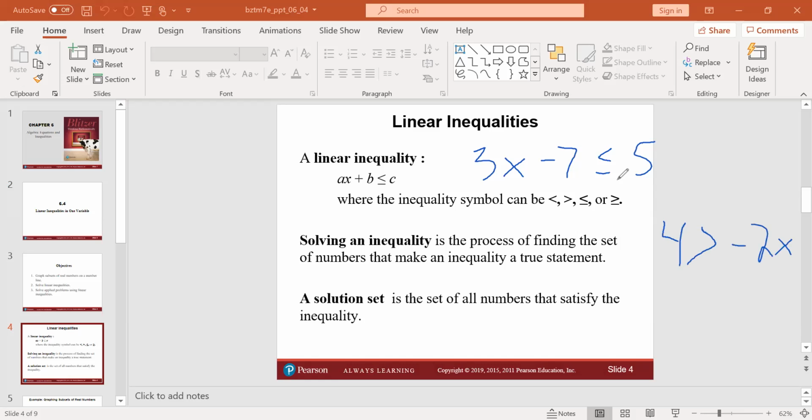You might get 4 greater than -2x, or 13 minus 2x less than 5x. You might get all kinds of funky business when you're dealing with all of this. It may not work out exactly the way you want. It may not look pretty, but that's okay. It's linear because it's just a single x. It's not trying to do something fancy.